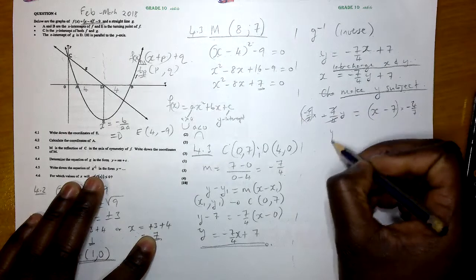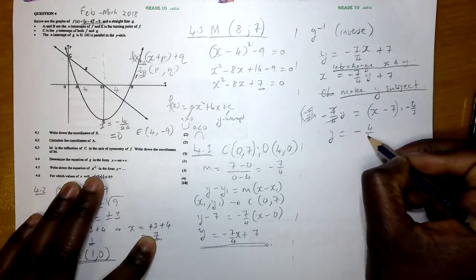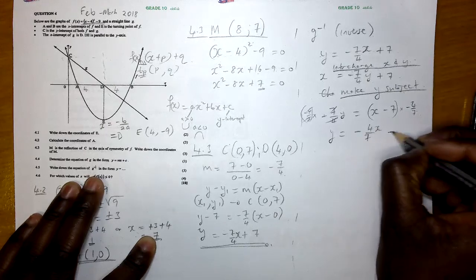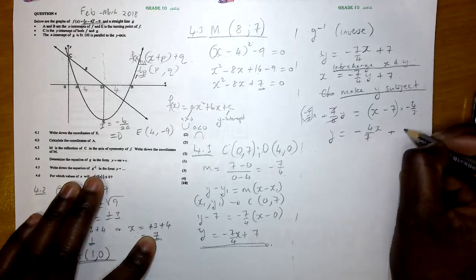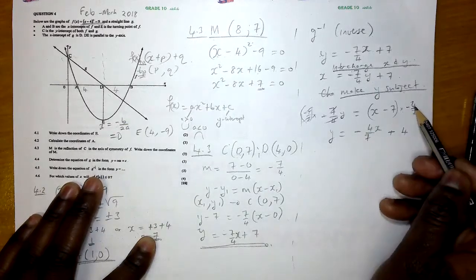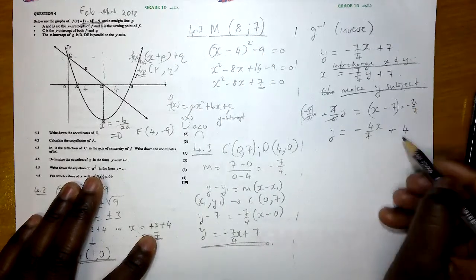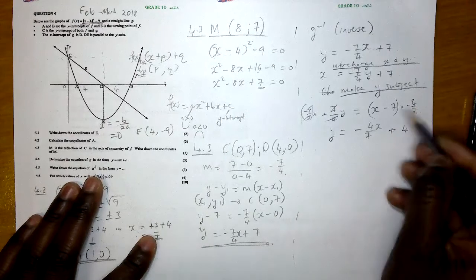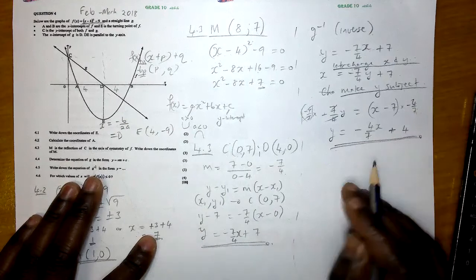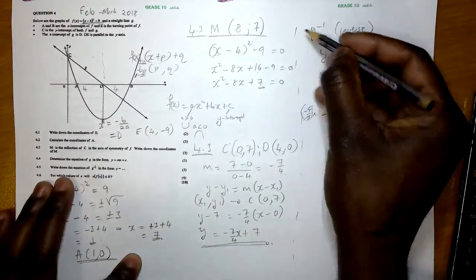So y is going to give us negative 4 over 7 x, plus 4, because if you multiply negative 4 over 7 times negative 7, we're going to get positive 4, because 7 and 7 will cancel. So this is our answer for 4.5.